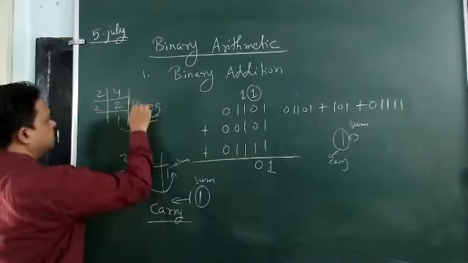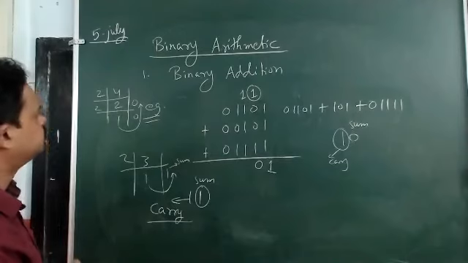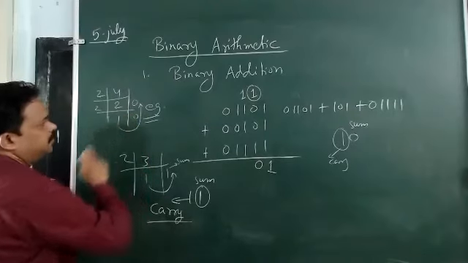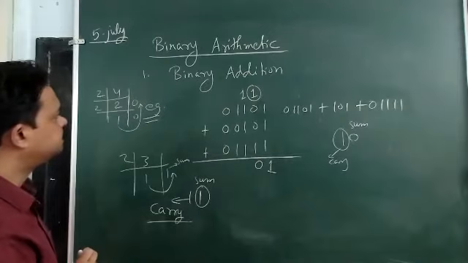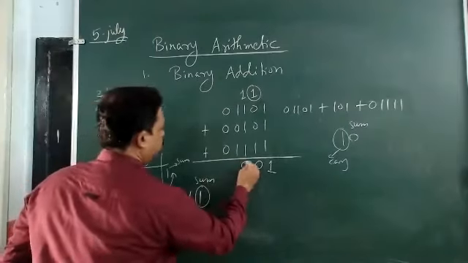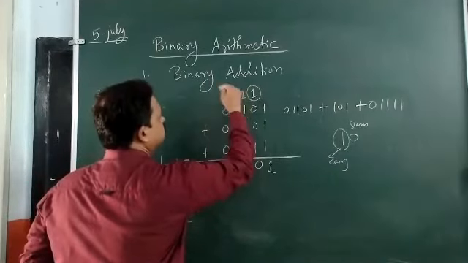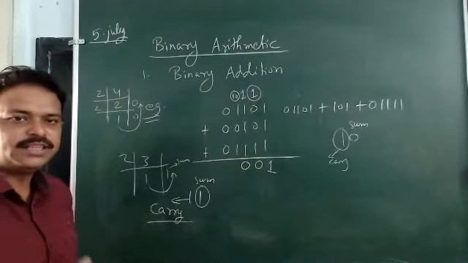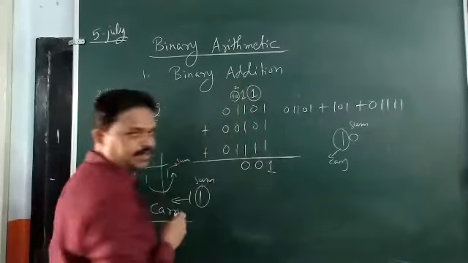This is the sum, and this will be the carry. 1 0 will be the carry. And we know that 1 0 is nothing but 2.